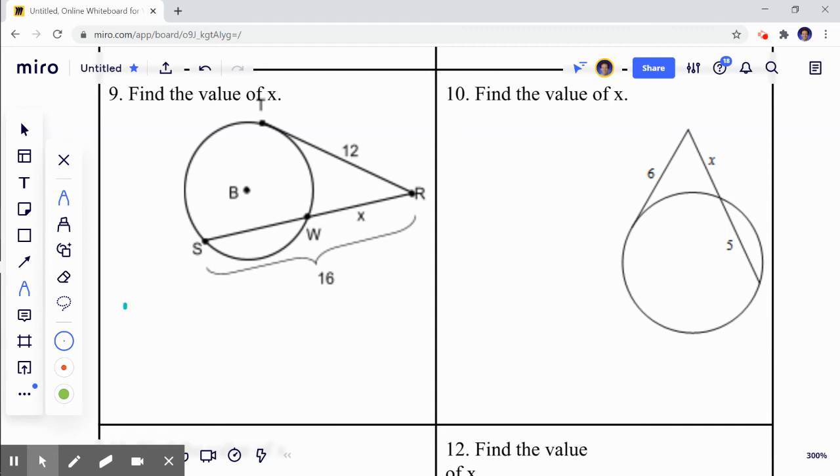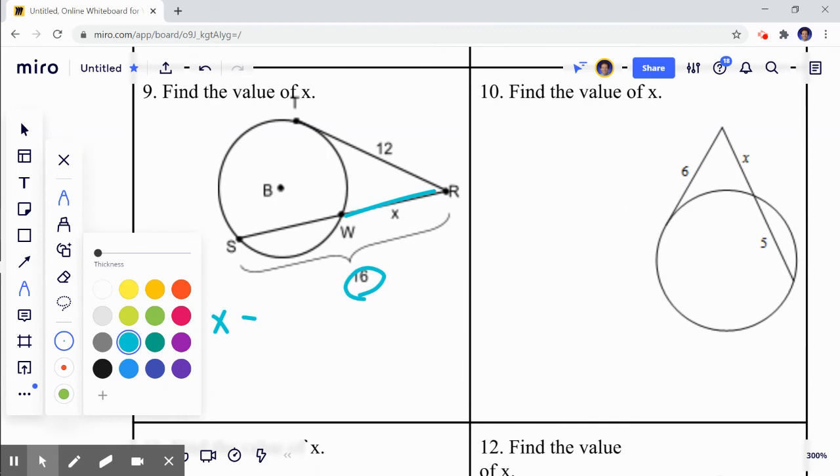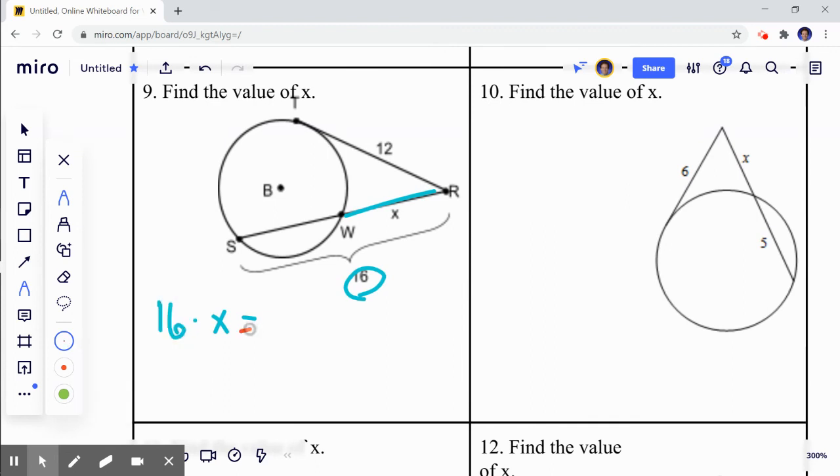So the whole length of the secant is 16, the outside piece is x, and that is equal to the tangent measure squared, so 12 squared. Just following the formula I just pointed out, this is 16x equals 144. And then 144 divided by 16 is ultimately 9.